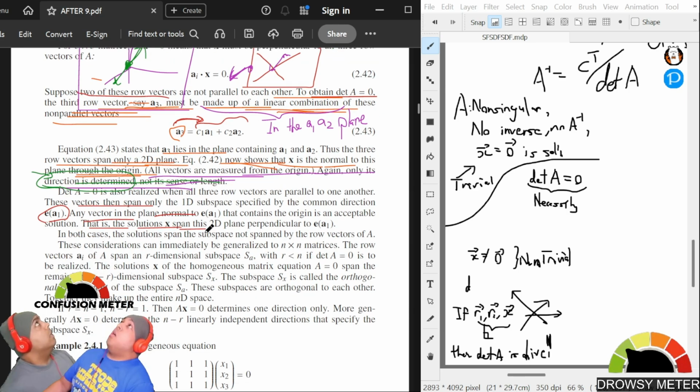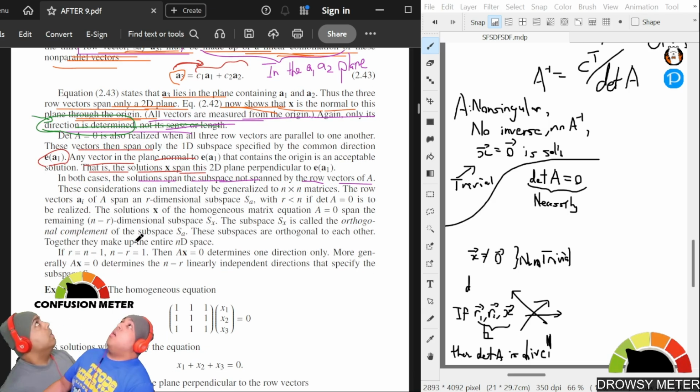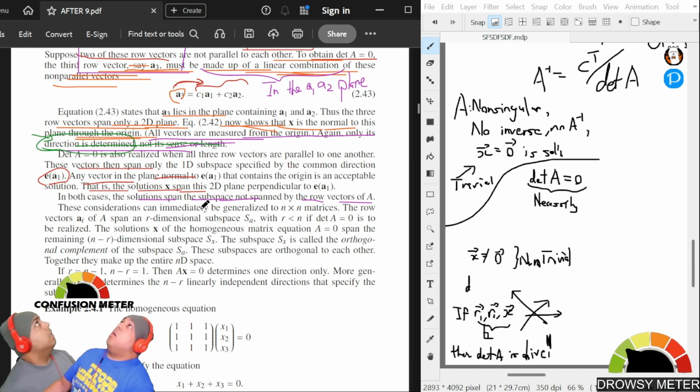In both cases, the solutions span the subspace not spanned by the row vectors of A. These considerations could be generalized for n by n.